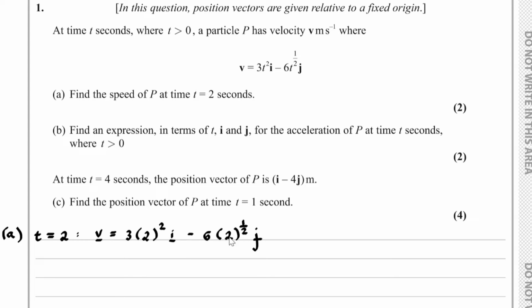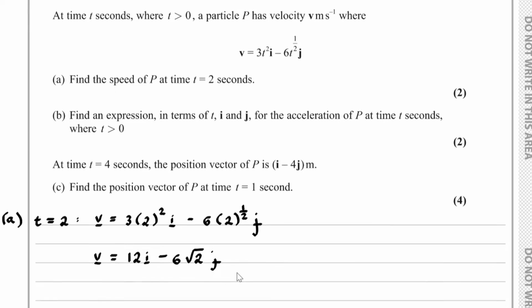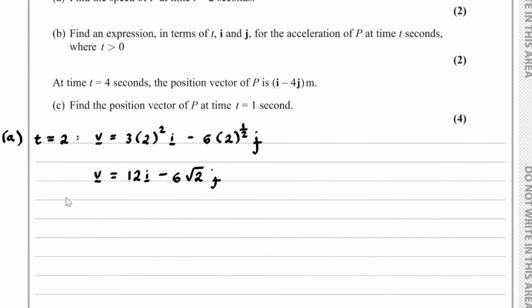And if we work this out, we get 12i subtract 6 root 2 j. And so what we need to do is find the speed of P at time t equals 2 seconds.